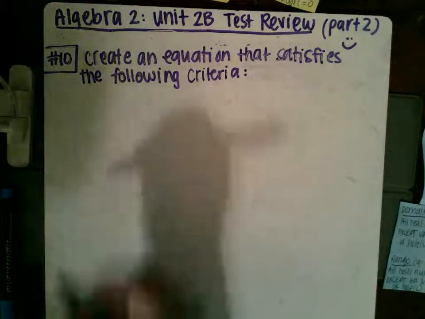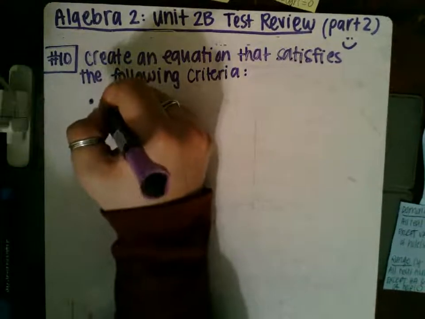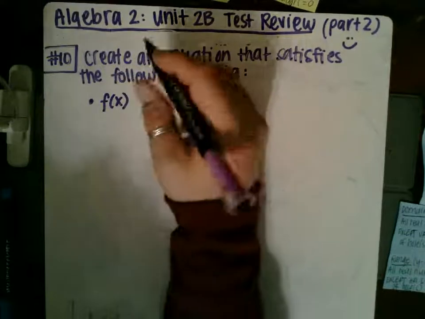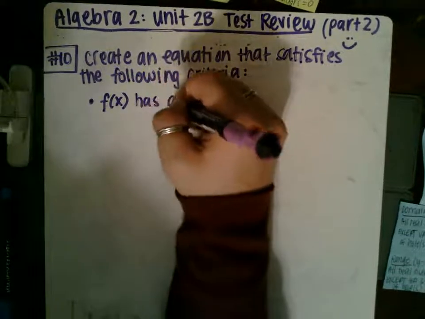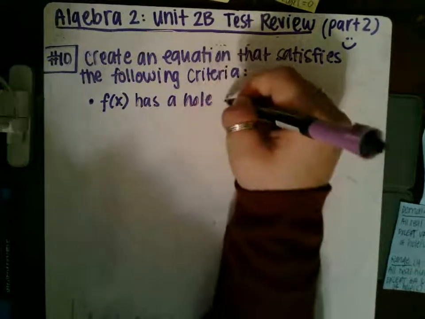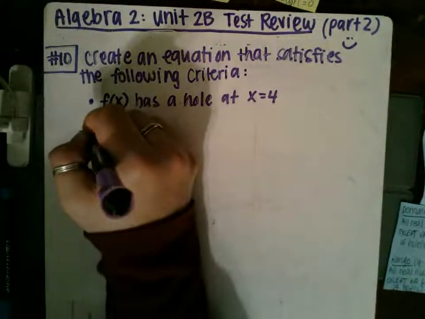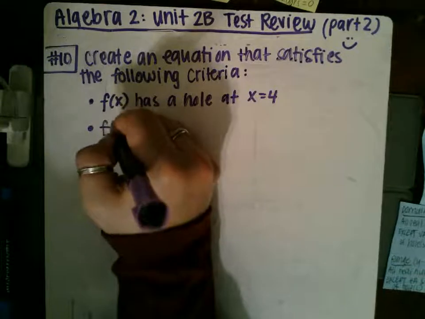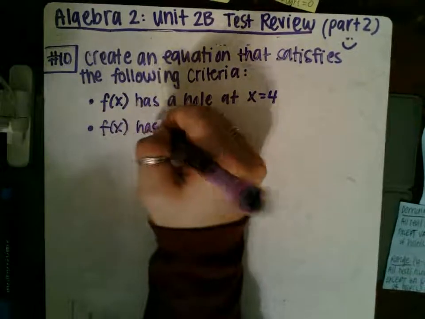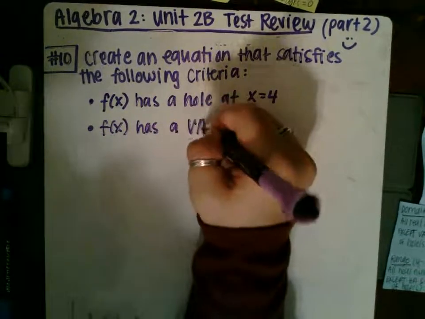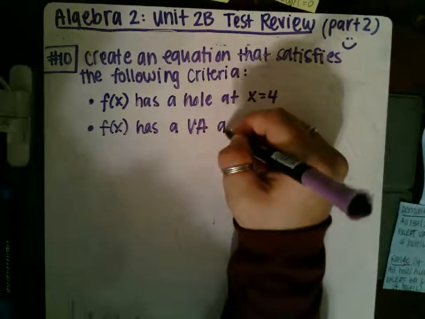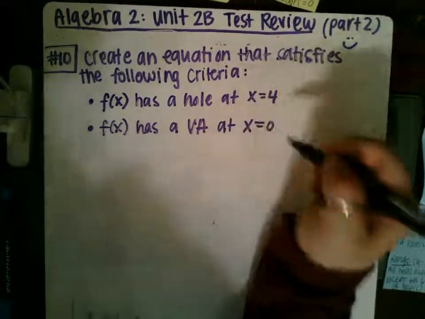Okay? And it's got 3 things that this equation must satisfy. It says that our equation f of x has a hole at x equals 4. It also says that f of x has a vertical asymptote at x equals 0.